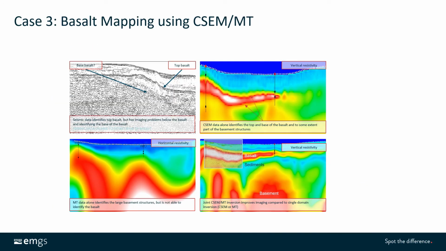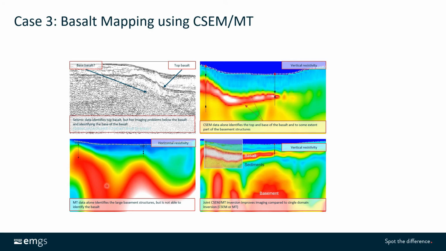So we tried to correlate the same stuff. On the left hand side top over here, you can see a seismic where it was quite tough to see the stuff. And then this is the CSEM data, which is matching pretty nicely when the basalt is thin, but when the basalt is getting thicker, up to 2 km, it started losing sensitivity.